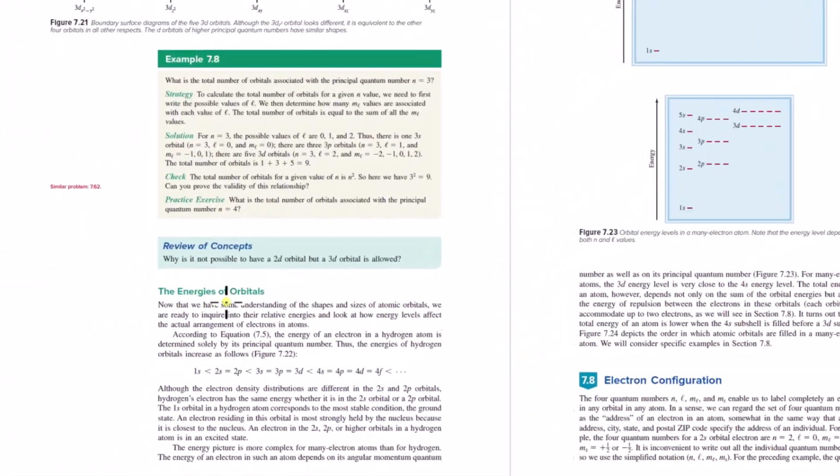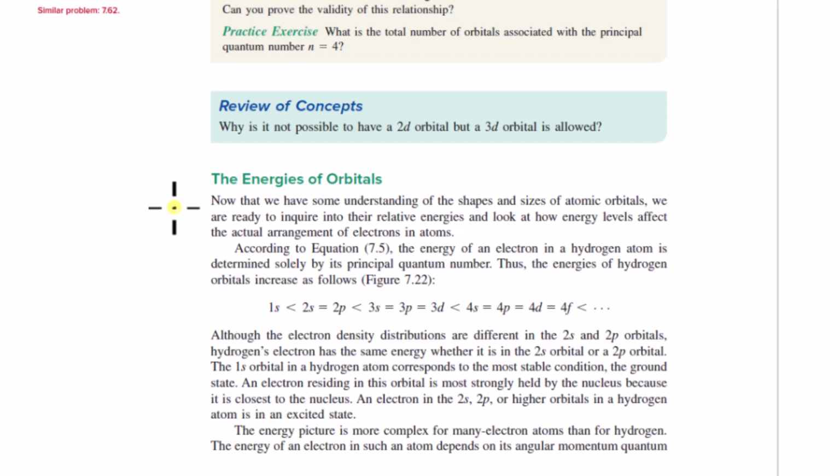Now let's talk about the energies of orbitals. I've touched on this a little bit, but in general, when you think about the energy of an orbital, you look at the principal quantum number. It's true that the larger the principal quantum number, the larger the energy. And in fact, when you look at the hydrogen atom, to compare the energies of orbitals, you just reference the principal quantum number.